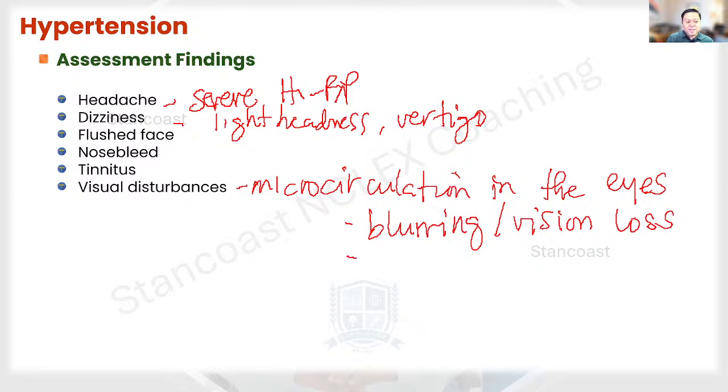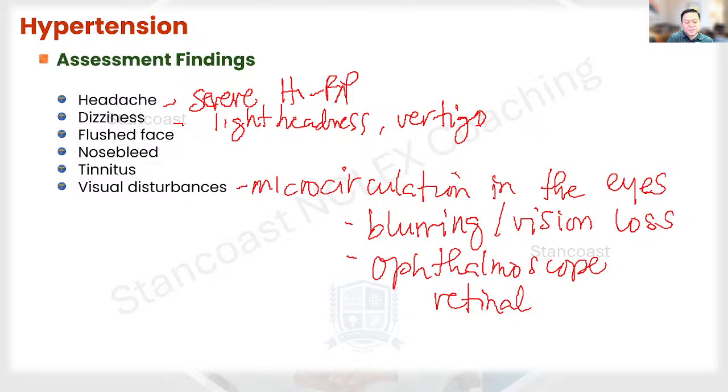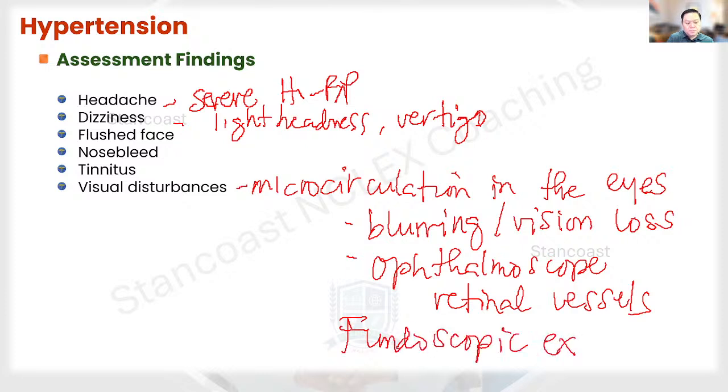Again, this is going to be checked using the ophthalmoscope to check for the retinal blood vessels, or this is simply known as the fundoscopic exam. This is to see if there's any minute bleeding or changes in the capillaries, in the blood vessels in the eye, the small blood vessels.